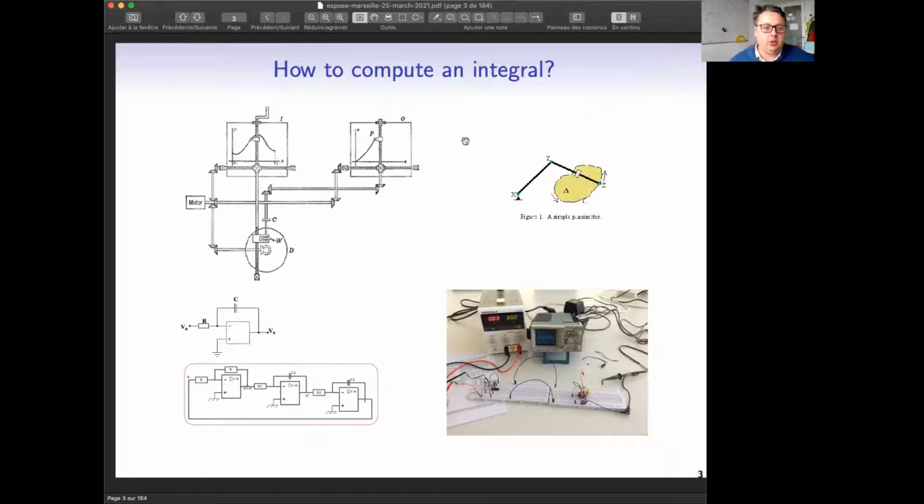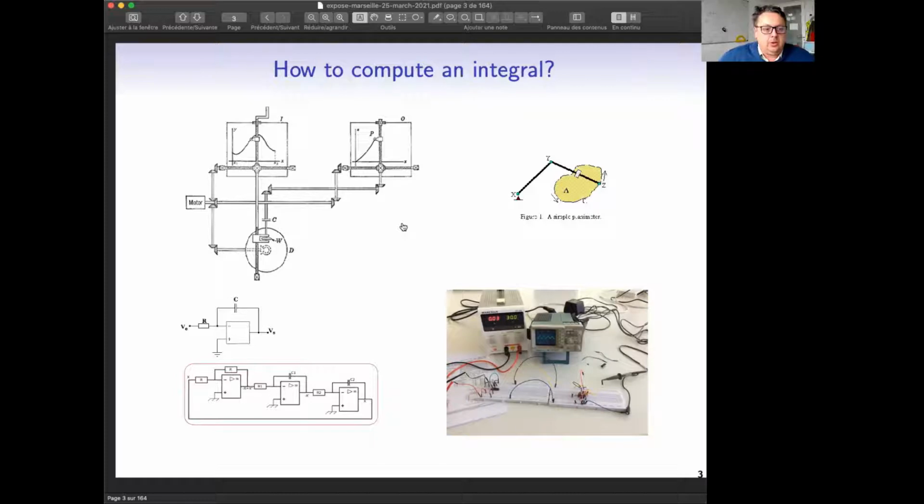And here, I hope you see my mouse, this thing is taken from a book and explains how you can compute an integral using a machine that was used in 1930, so in the 30s.